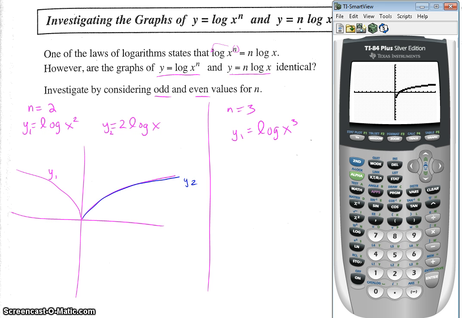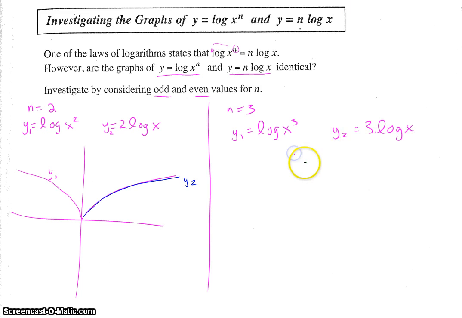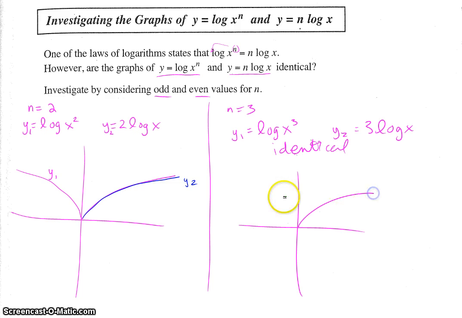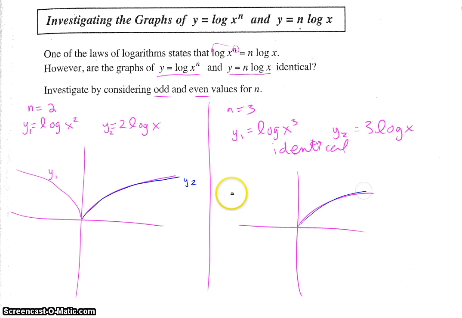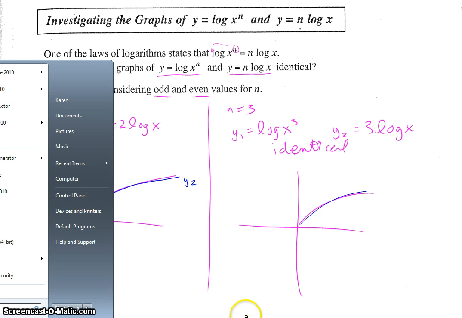Oh, okay. So if you saw that graph, they are now identical graphs in this case. So let's think about that. These ones are identical, and they both looked like that. I wonder if I'm drawing those right. Let's take a look at that graph again a minute.